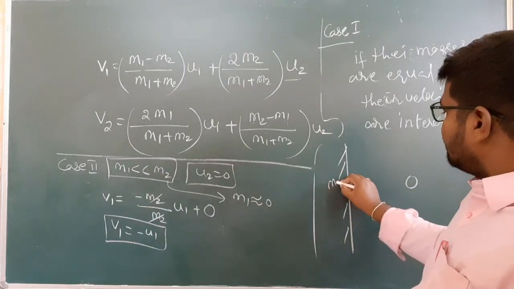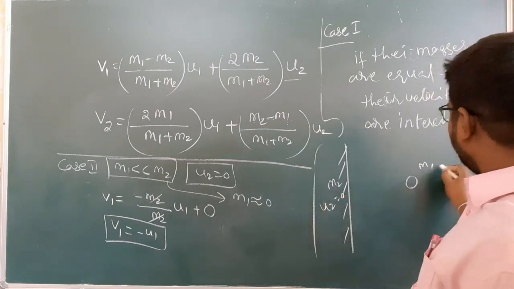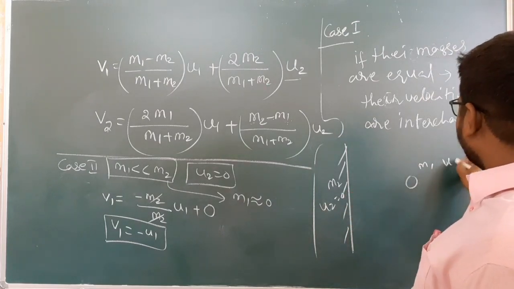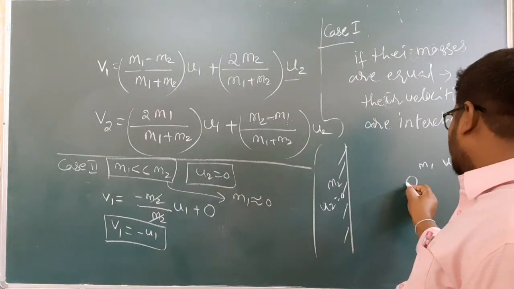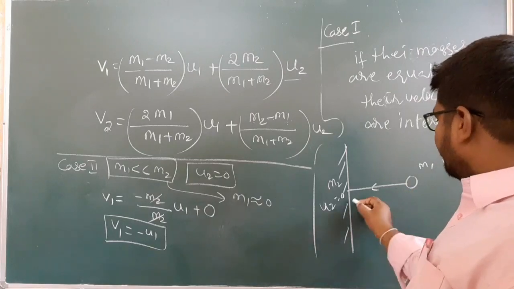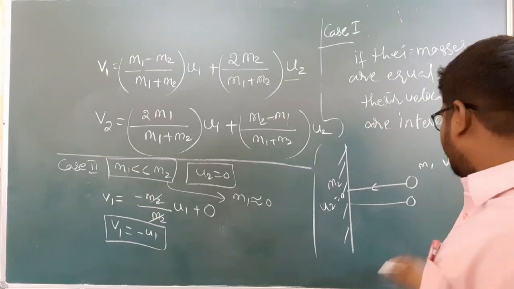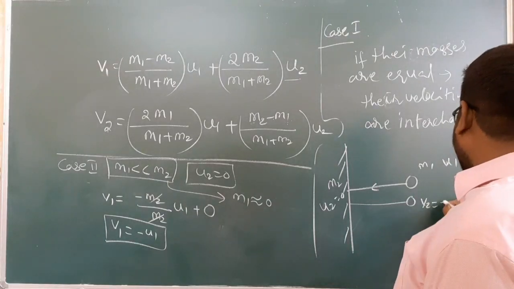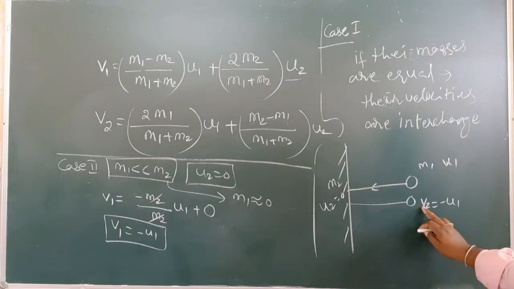Here in this case the example is a ball. This is m2, this is m1, u2 becomes 0, and this is u1. When the body collides with the wall, it bounces back with the same velocity. That's why v1 is equal to minus u1.